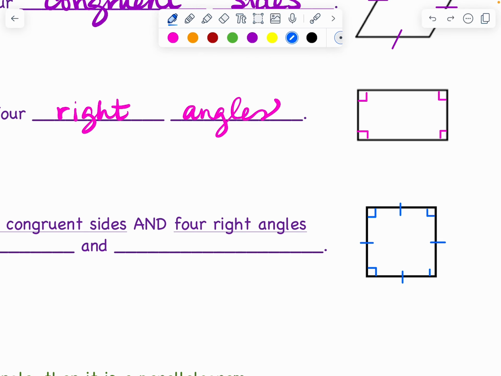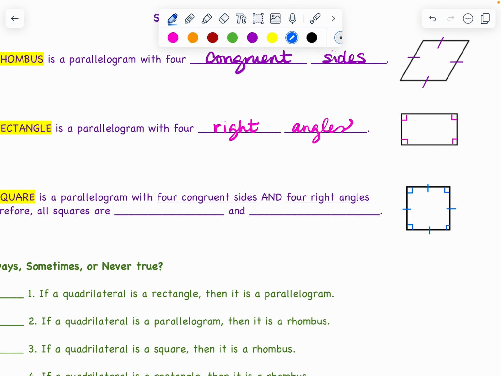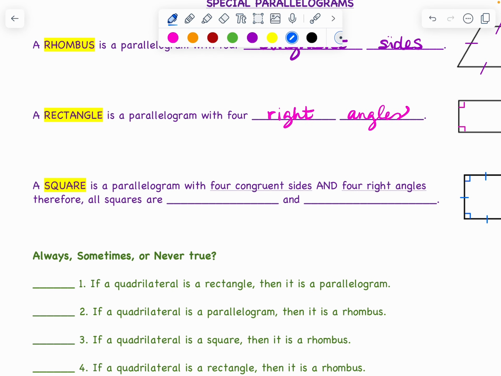It's a tiny little right angle. Therefore we can say that all squares are rhombuses. You can say rhombi if you want, and rectangles.